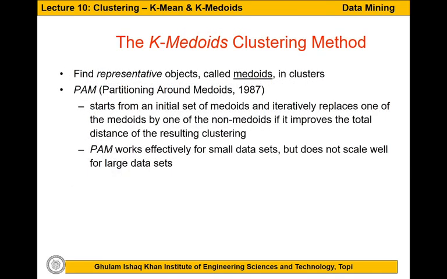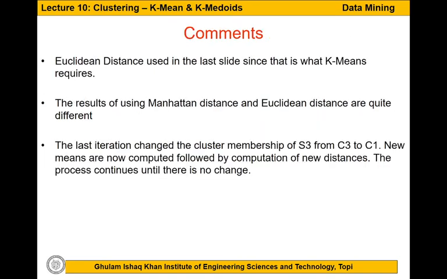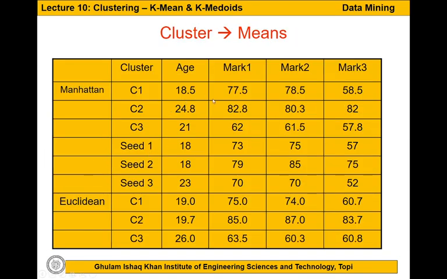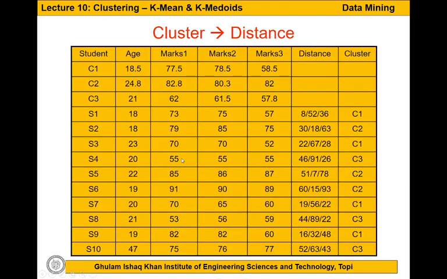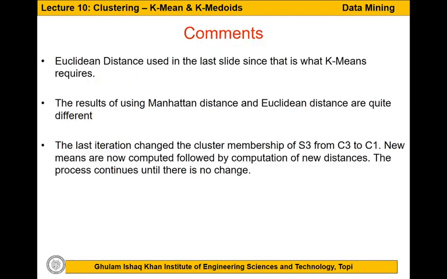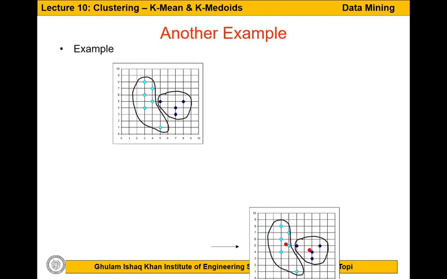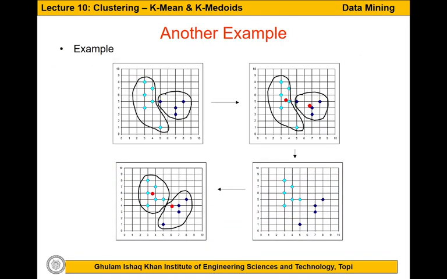Now coming to k-medoids clustering, it is ditto the same as k-means clustering, but instead of computing the mean, it computes the medoids, right? The advantage of k-medoids is that the cluster representative or the cluster center is a data point itself. It's not an imaginary point.